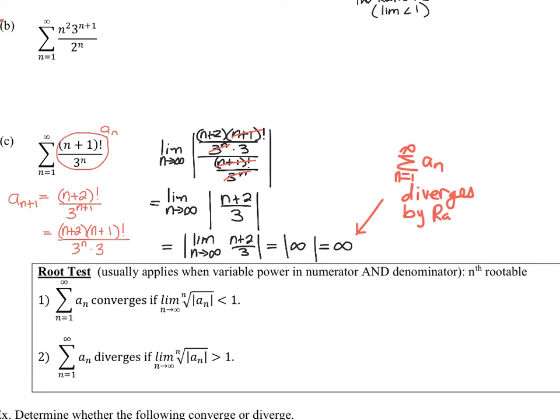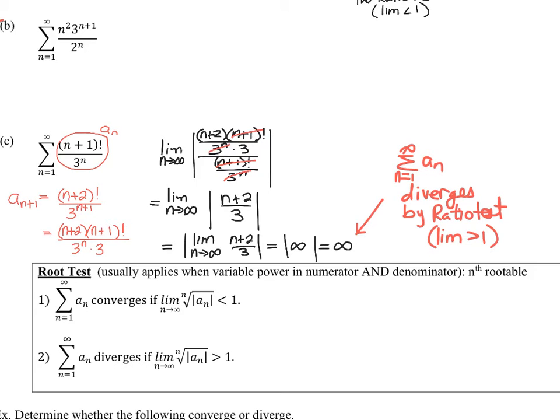Another ratio test. And that's because the limit is greater than 1. Now, it doesn't have to be specifically infinity. It just worked out in this case. It just needs to be greater than 1 to diverge.